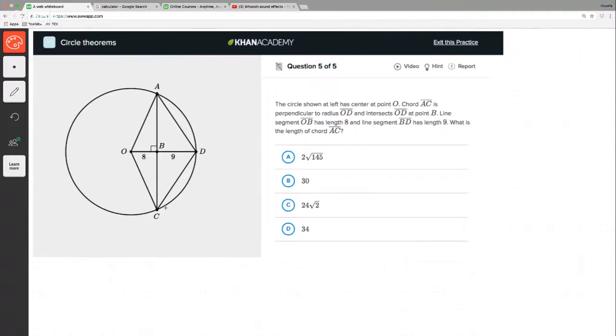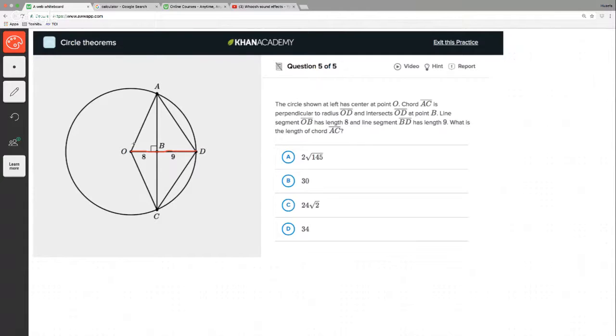Let me think about this for a second. We got some right triangles. Oh, I see. We know that this whole thing, OD, it doesn't tell us this, but OD is 17, 8 plus 9.